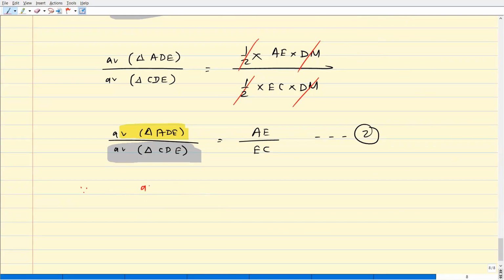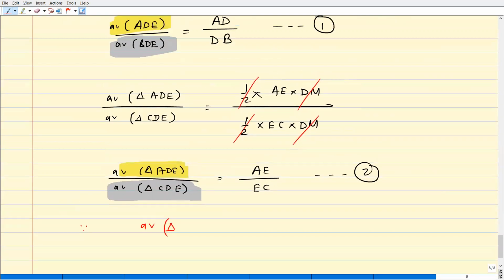Or let me write it like this: area of triangle BDE will be equal to area of triangle CDE. Why? What is the reason?